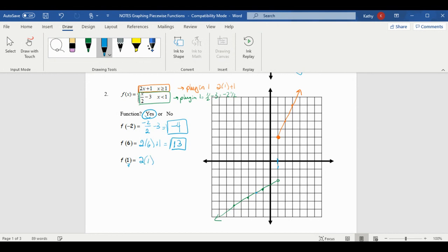So we're going to take 2 times 1, add 1, and we already know that this has a value of 3. This is included in the first line, so you do need to be very careful. You can only evaluate it for the first one.